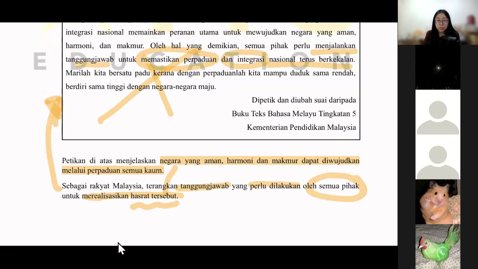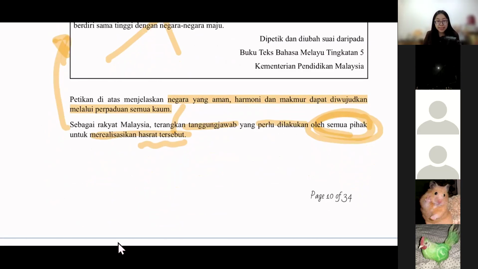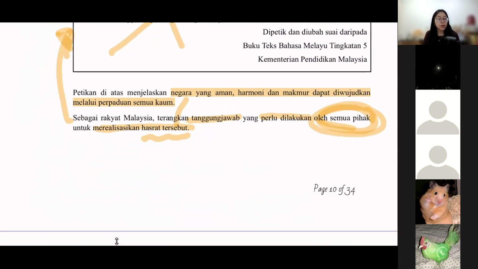So who can do something? Tanggungjawab semua pihak, which is sekolah, ibu bapa, diri sendiri, kerajaan, media massa. Who can do something so that we can merealisasikan hasrat tersebut? Now, who can do something here? What do you think? So this one actually no point. So what is your point?